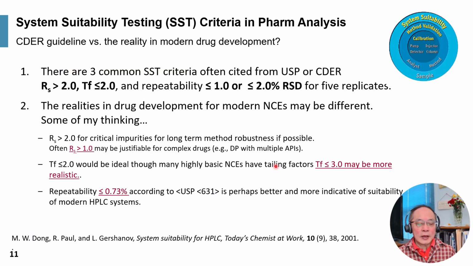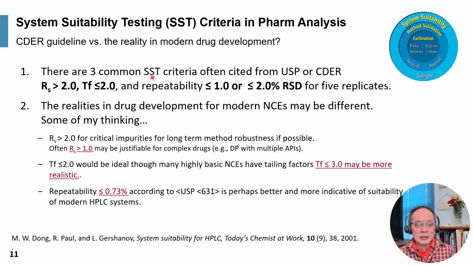Finally, in this slide, we want to look at criteria called system suitability testing criteria used in pharmaceutical analysis. This can be found in the CDER guidelines, from the US FDA Center for Drug Evaluation and Research, and also versus the reality in modern drug development, with some of my comments on that.